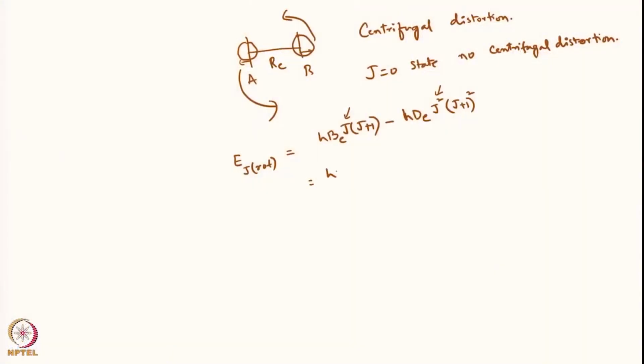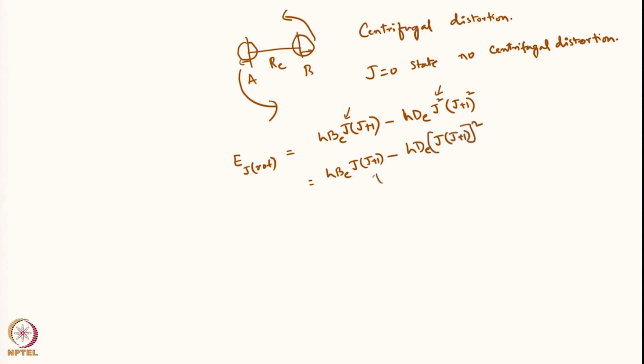Okay. So, essentially what you have is h B_e J(J+1) minus h D_e [J(J+1)] whole square.